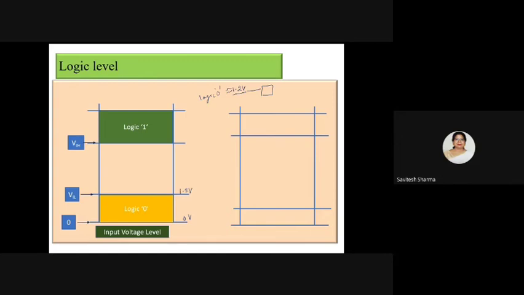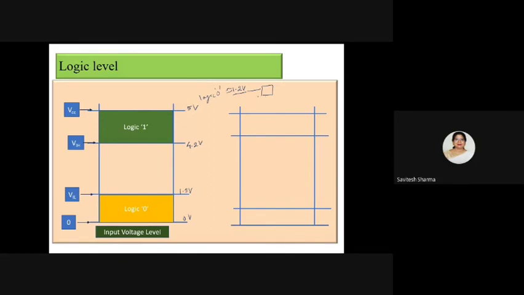So if your maximum voltage is 5 volt and, let's say, 4.2 volt, I'm saying that my logic 1 ranges from 4.2 volt to 5 volt.